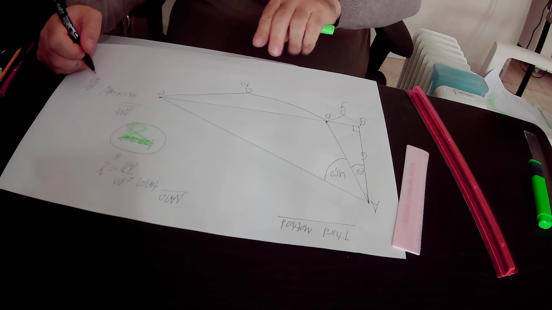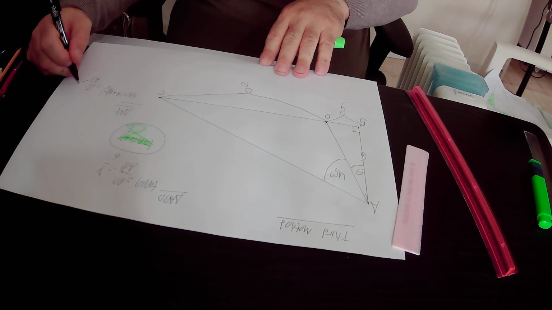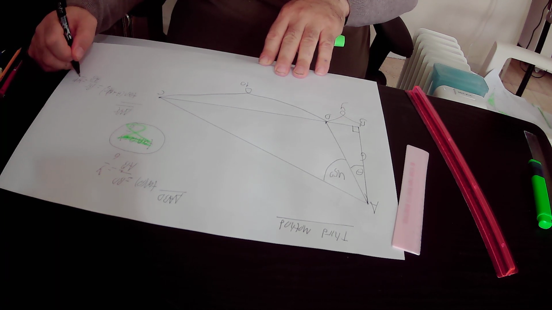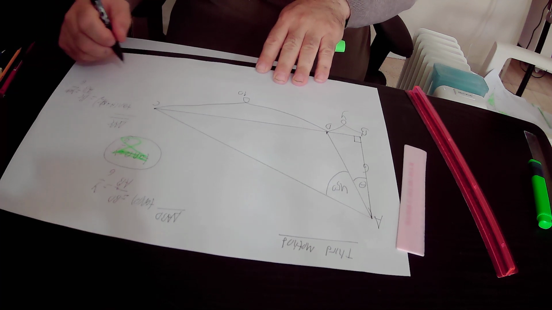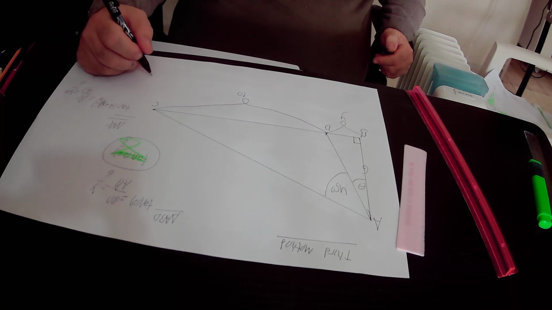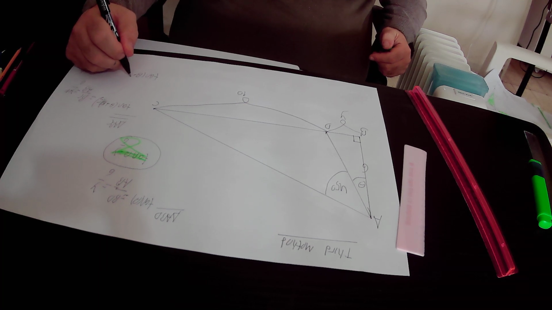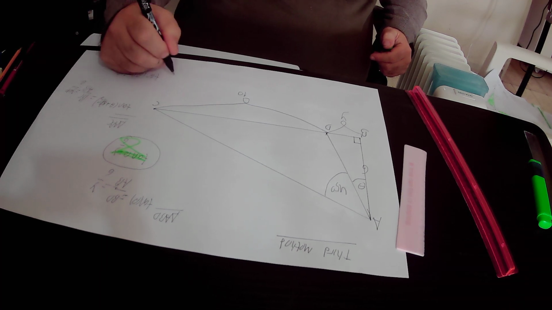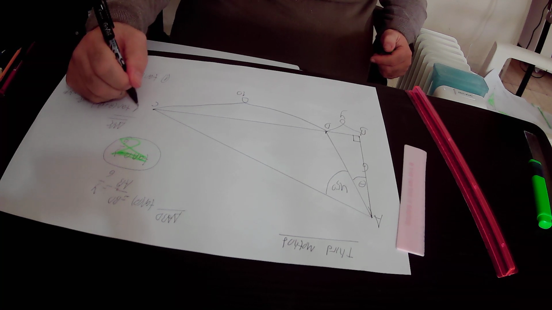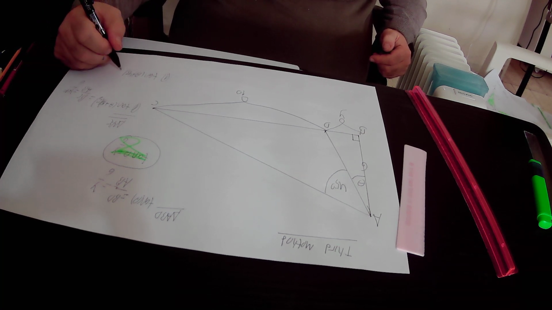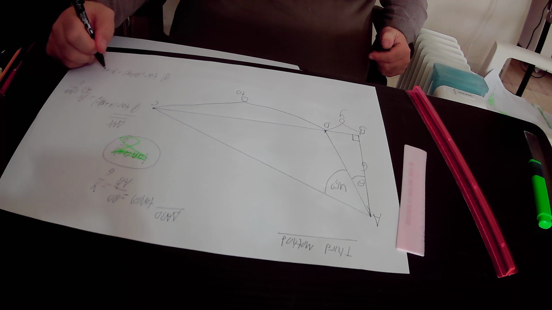BC equals y plus 10, and AB equals 6. So in conclusion, in the right triangle ABC, tangent of theta plus 45 degrees, this is equation number 1, is equal to y plus 10 over 6.